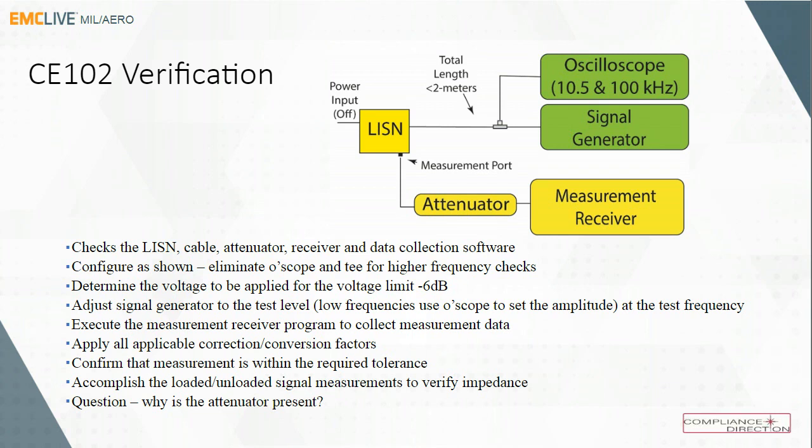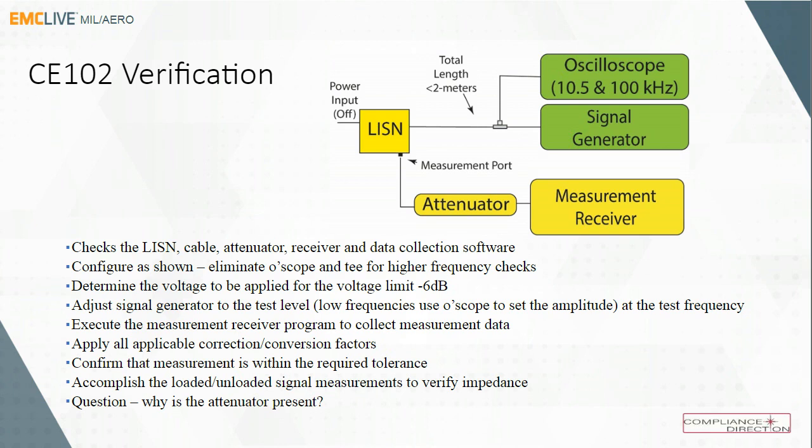So what we do is, while we're at these voltage levels at 10.5 kilohertz and have the voltage measured with the oscilloscope, we disconnect the LISN. We've taken that excessive load away, and the amplitude on the oscilloscope will elevate because the generator is not loaded. That elevation factor tells us by calculation what the impedance is.